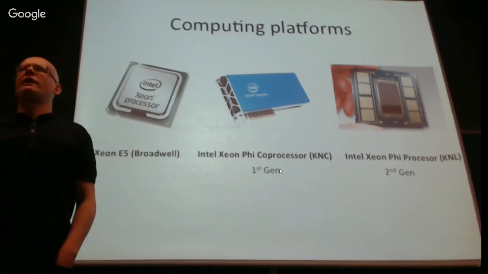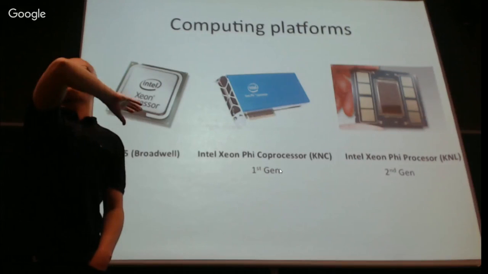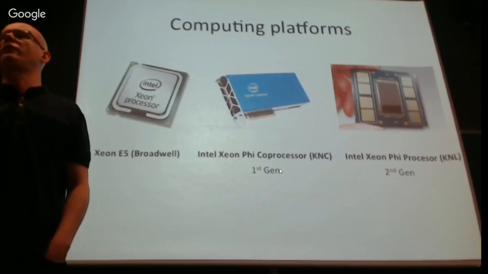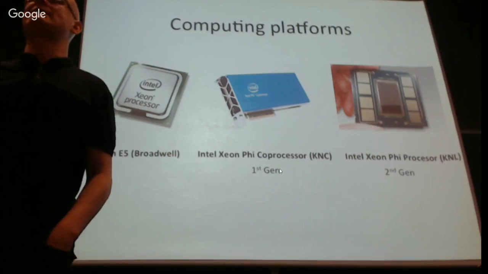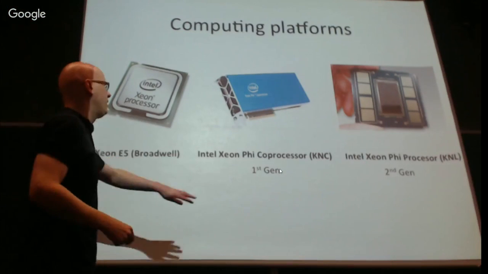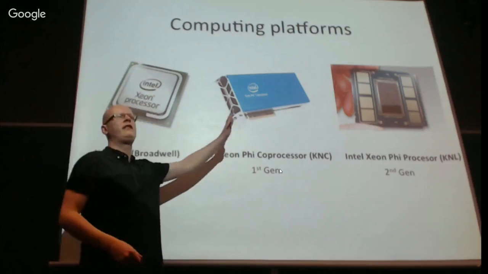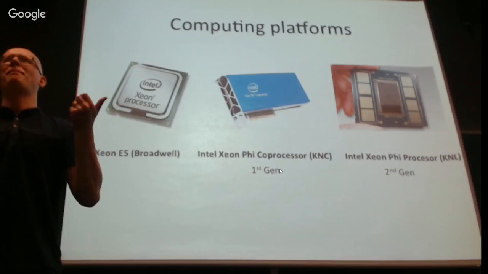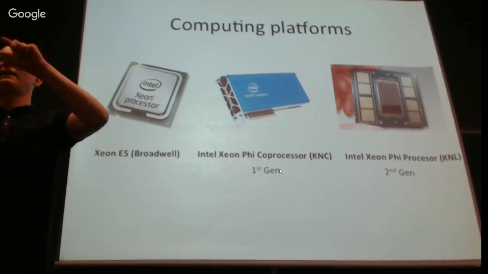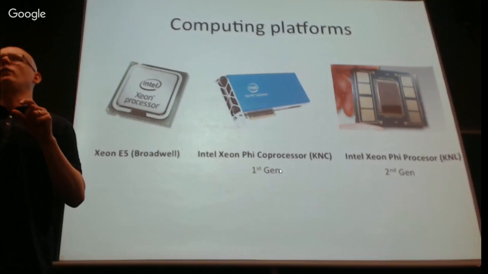These coprocessors, just like the processors, come in various different SKUs, with different form factors to suit different needs. The one we're going to be using on the Fion system is the 5000 series, so the 5100P is the particular SKU of the coprocessor that we're going to be leveraging.